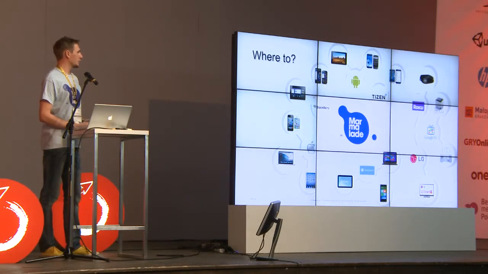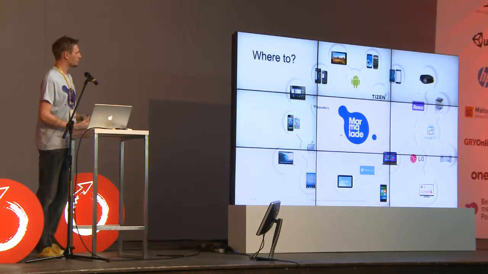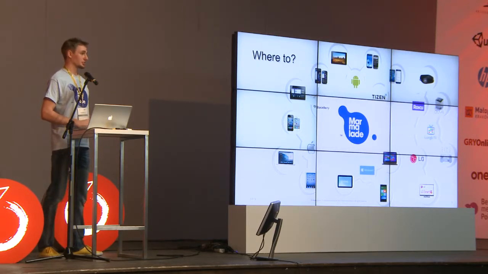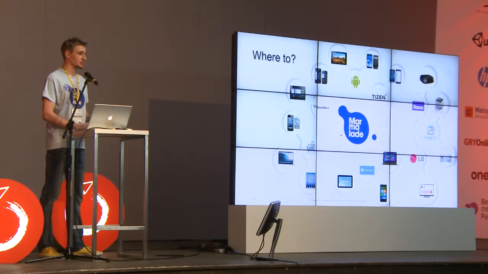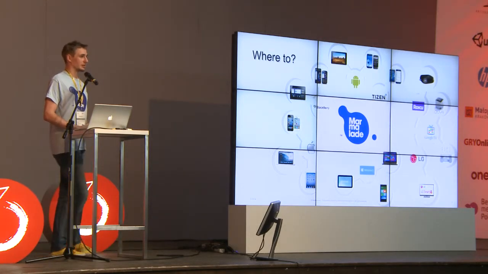In Marmalade, we came to this rich range of supported devices, including some bizarre platforms like Tizen, which has great potential because it's sponsored by Samsung, and they invest millions and billions into it, but it's now a bit delayed.